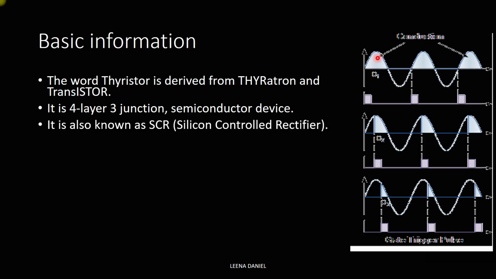So we get the waveform in the positive half and in another positive half, only in the positive halves, because thyristor conducts only in forward bias. It is not conducting in the reverse bias.